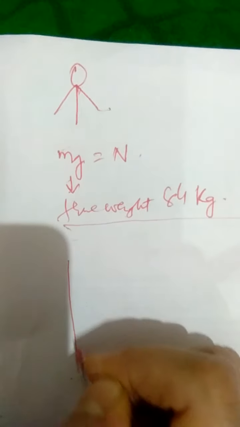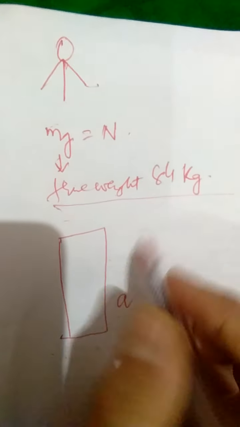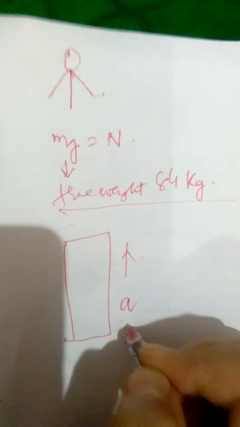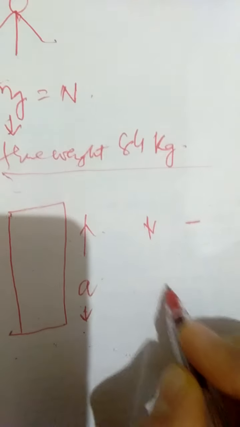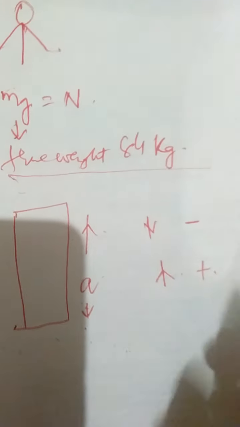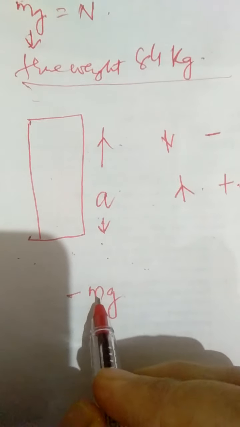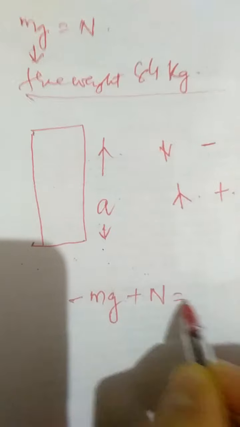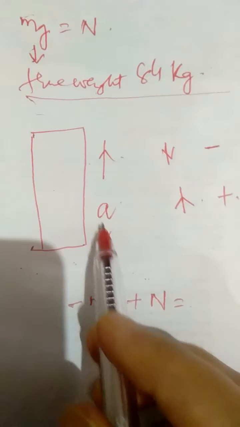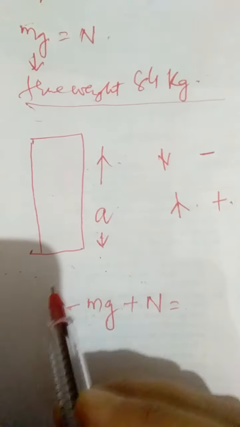Now, if the elevator starts moving with certain acceleration, then there are two further cases. Either the elevator is moving up or it is moving down. Remember, for all downward motions, we will give a negative sign to the force, and for all upward motions, we will assign a positive sign. Now, we know that the weight of the body always acts downwards, so it is minus mg. The normal force or the reactionary force always opposes this force, so it is always plus. The competition between these two will decide the force due to acceleration of the lift or the elevator.